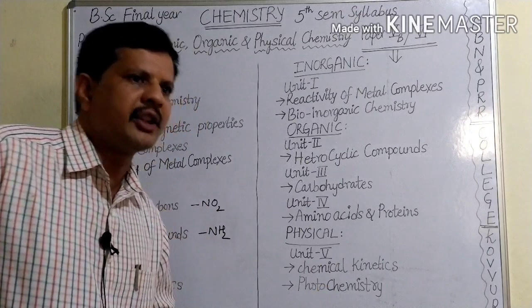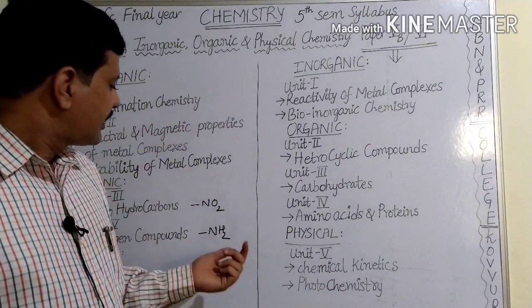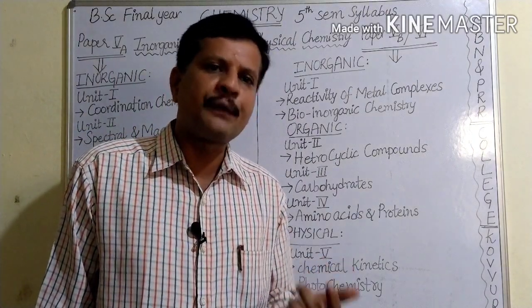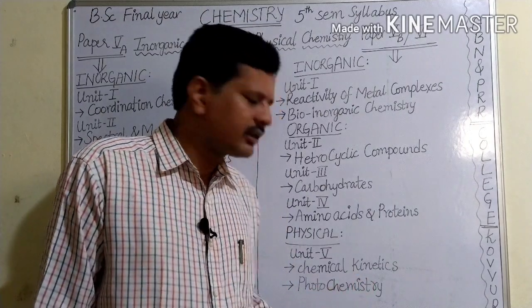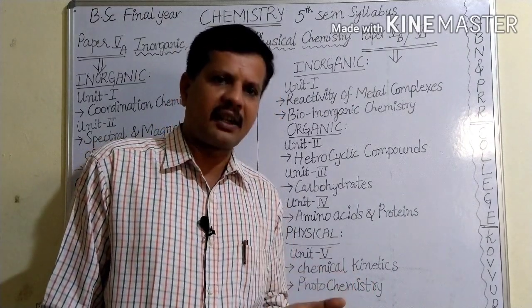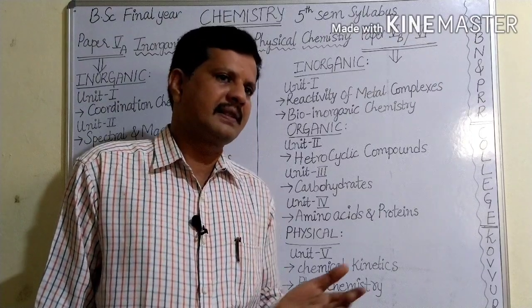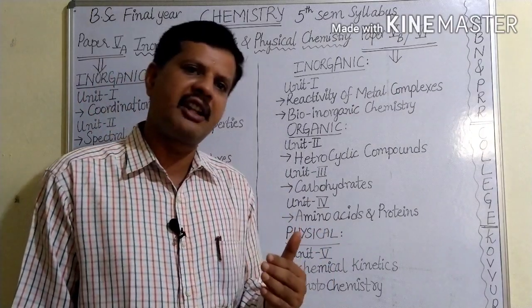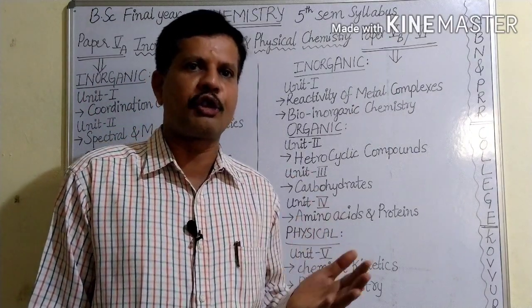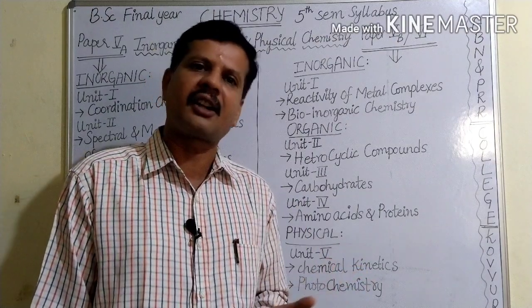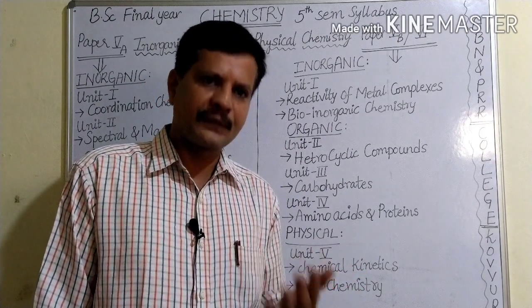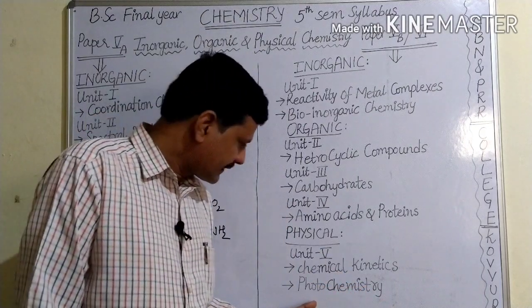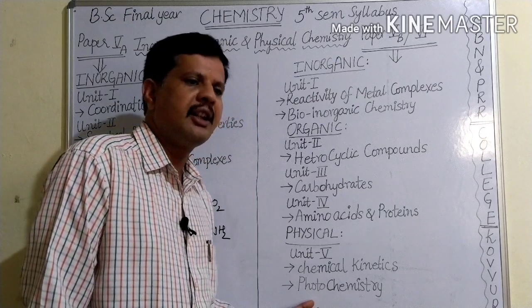In this we learn the definition, then differences between thermochemical reactions and photochemical reactions, laws of photochemistry, Grotthuss-Draper law, Stark-Einstein law, etc. And also we learn about quantum yield, high quantum yield, low quantum yield calculations using reactions like hydrogen chloride formation, hydrogen bromide formation, etc. And then fluorescence, phosphorescence, chemiluminescence. All these topics are in this photochemistry unit.